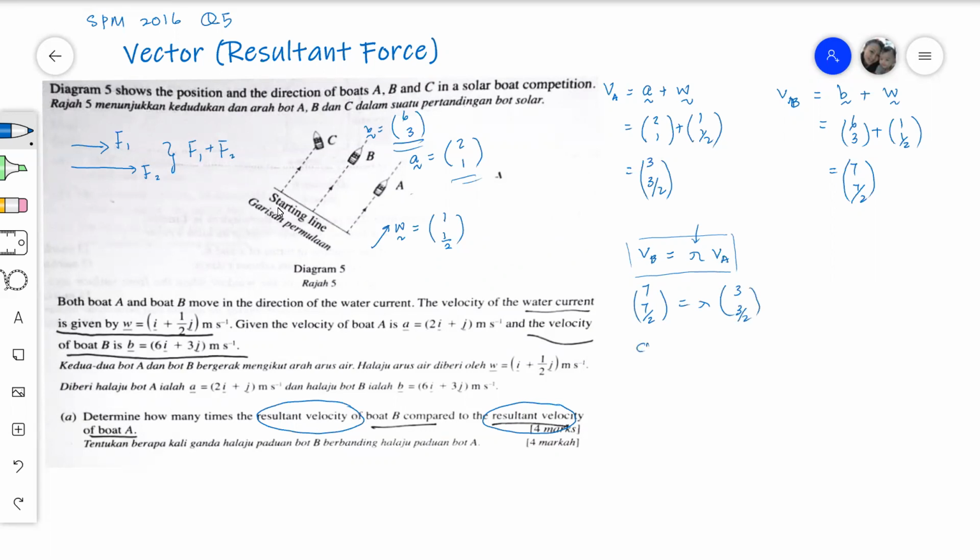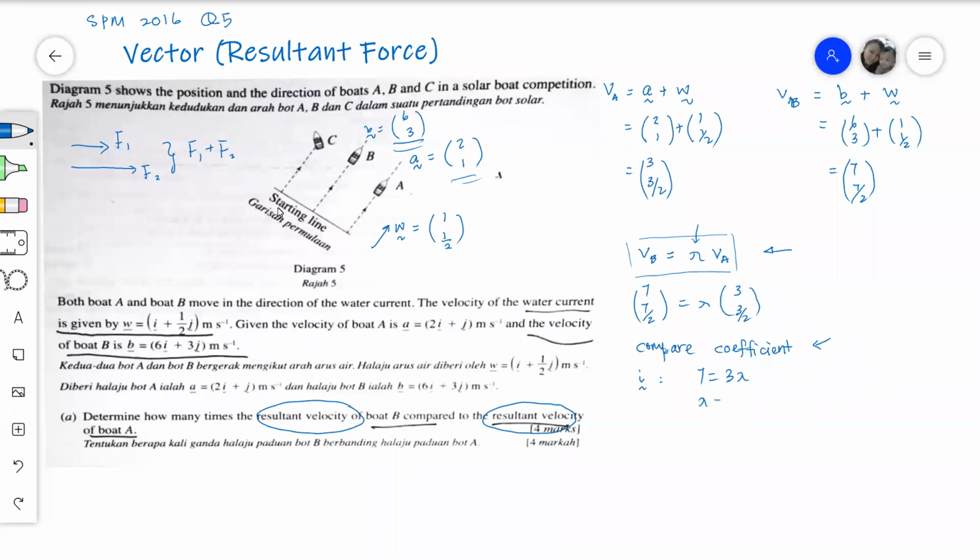When we reach here, always compare coefficients. Isn't it that we are applying the steps that we learned in vector? Once they tell you the two vectors are parallel, we write out their relationship, and then we find the value of lambda by comparing coefficients. These two steps are very important in solving vector questions. So compare coefficients. For the unit vector in the direction of the x-axis, the coefficient gives 7 equals 3 lambda.